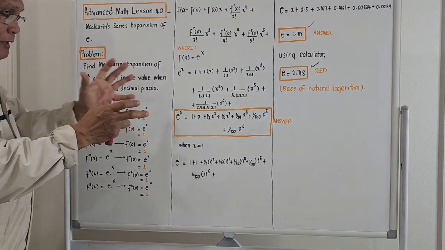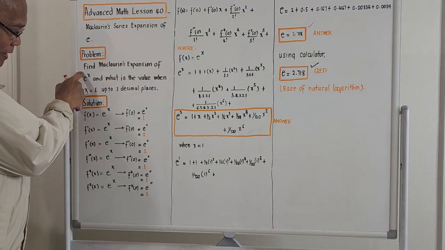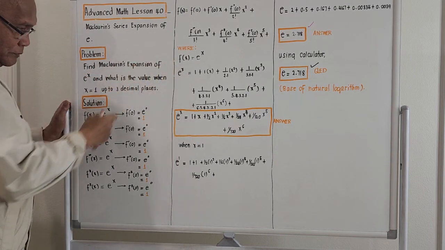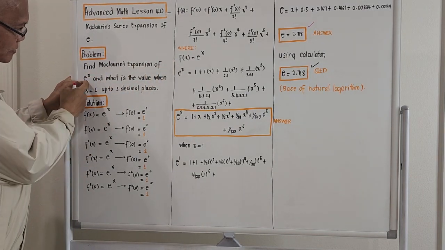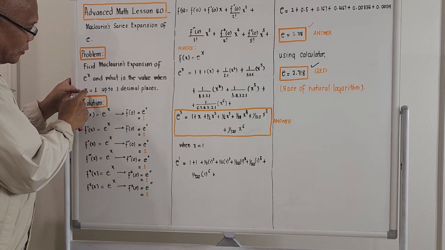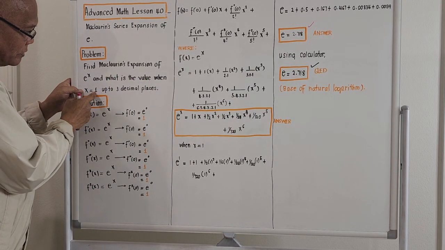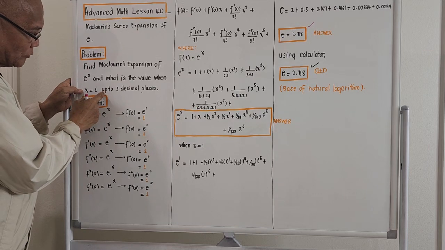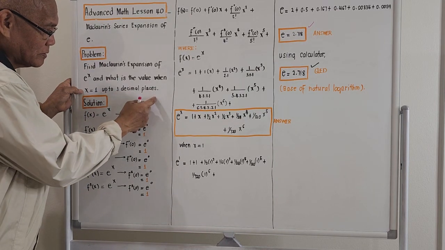The problem is something like this. Find the Maclaurin's expansion of e to the x, and what is the value when x is equal to 1, up to 3 decimal places.